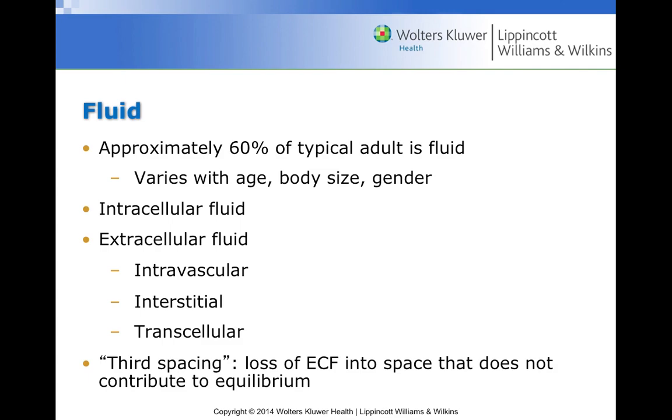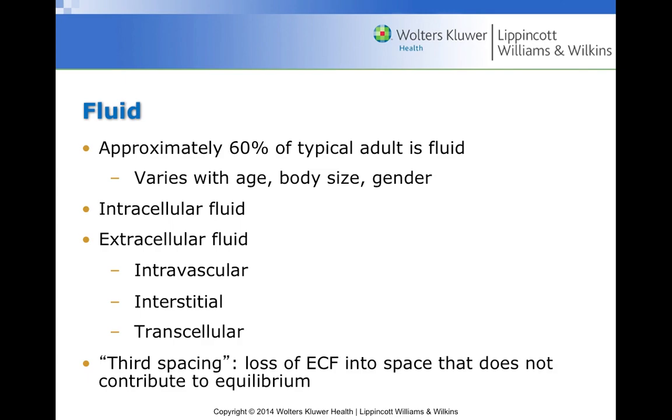Body fluid is located in two fluid compartments: the intracellular space, which is the fluid in the cells, and the extracellular space, which is the fluid outside of the cells. The ECF, or extracellular fluid compartment, is further divided into intravascular, interstitial, and transcellular fluid spaces.